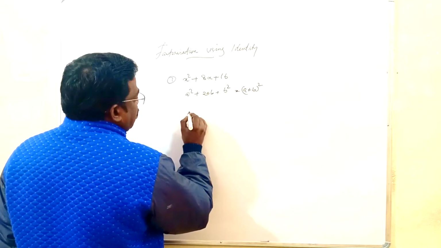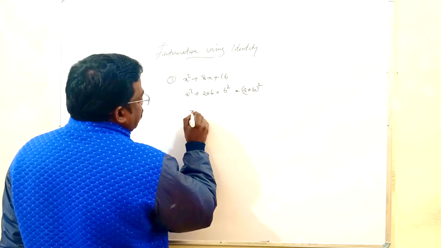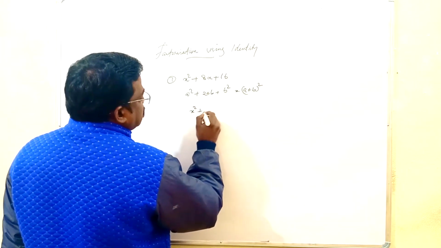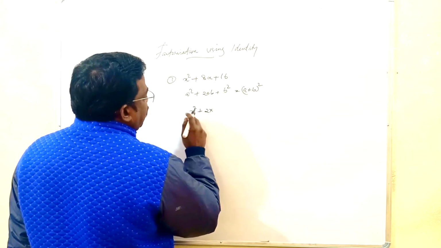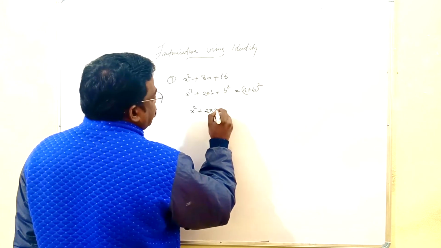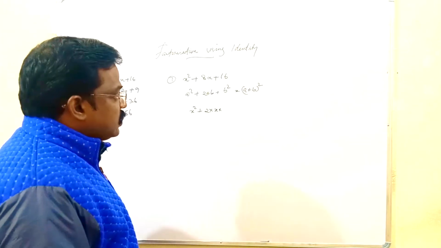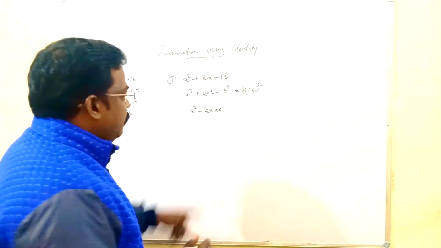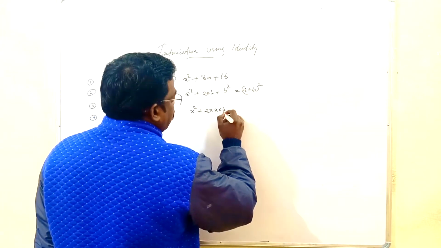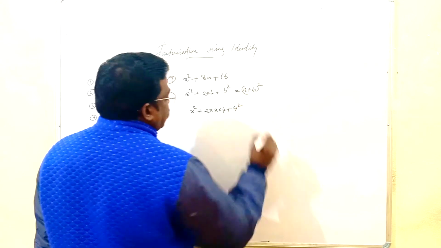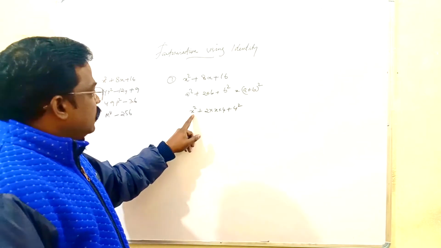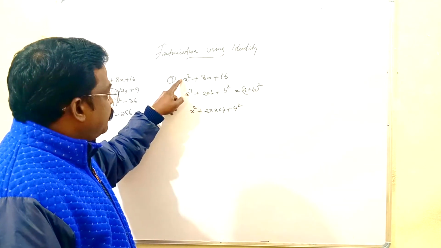So just like here, x square. Then plus 2 into what will be a, x, and what will be b? 4 square is 16. So b will be 4, plus 4 square. Understood? So x square.